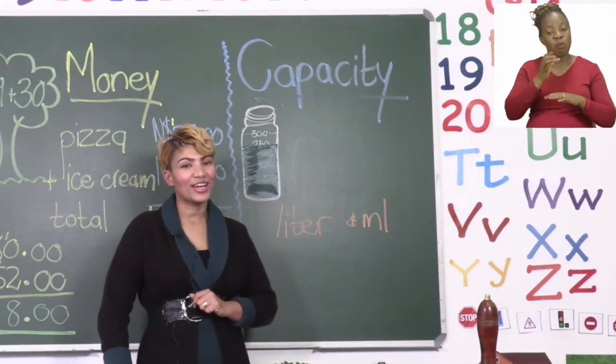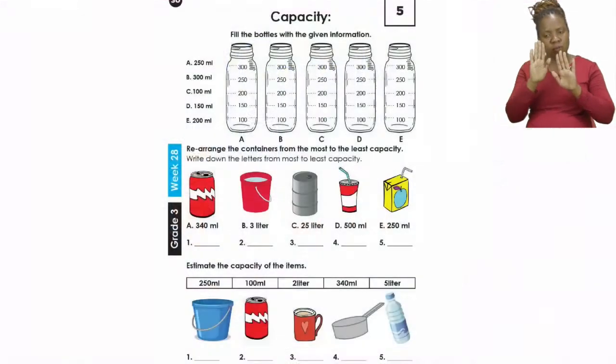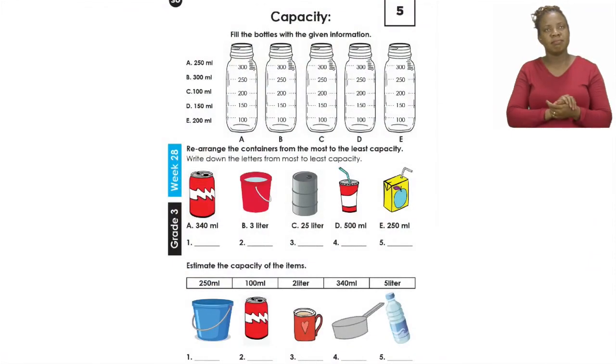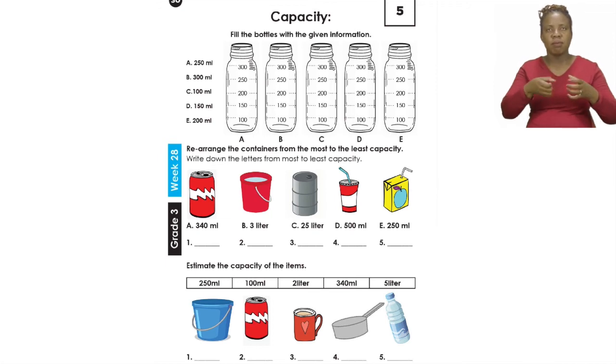Now let's quickly look at the next part. Now here it says you have to rearrange the containers from the most to the least capacity. And then you have to write down the letters from the most to the least.